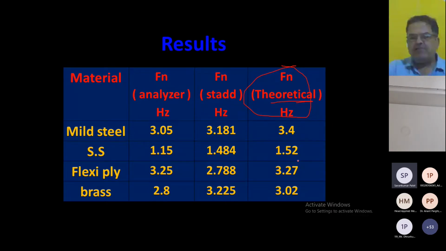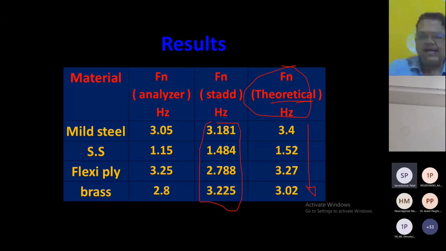These are the frequencies we found theoretically. Then the same thing is modeled in STAAD, and we get this frequency. So this is the frequency we received in the software, and this is the experimental result, remember.